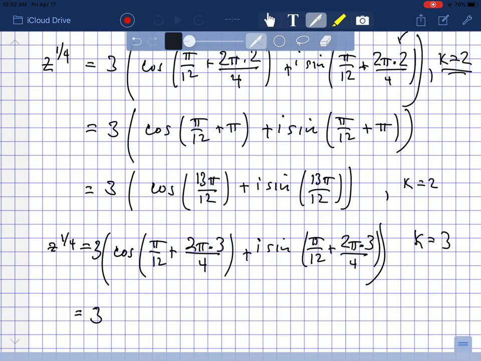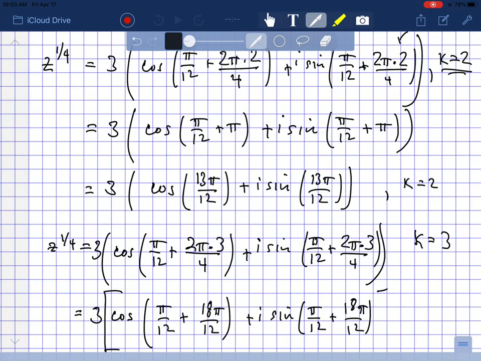And so this gives us 3 times the cosine of pi over 12 plus 18 pi over 12, plus i times the sine of pi over 12 plus 18 pi over 12.